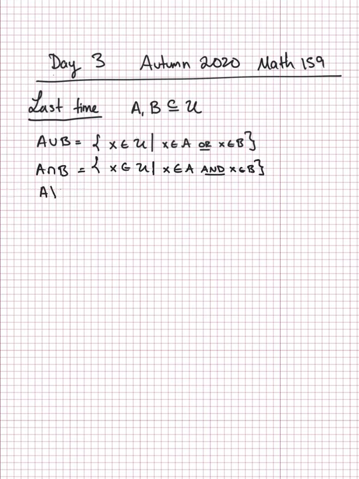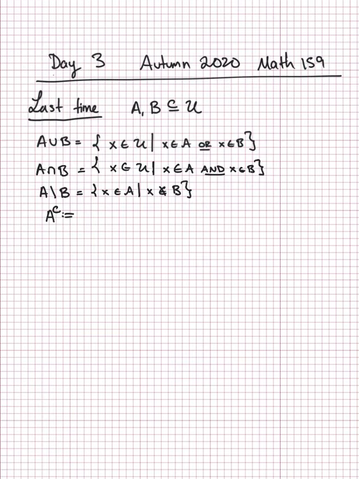Then we had A minus B. This was x in A, where x was not in B. And then I'm going to do one more, which I'm going to call a complement. So the C stands for complement.